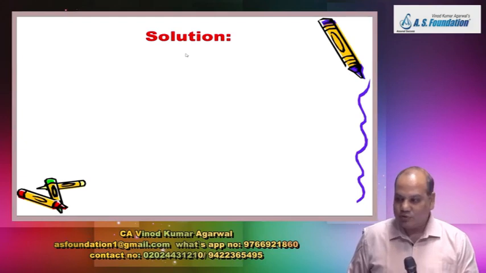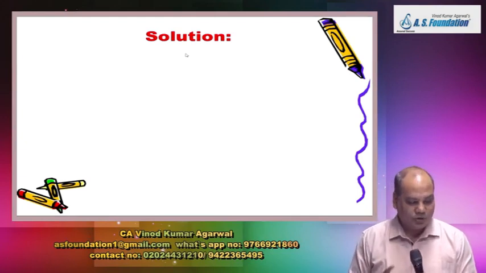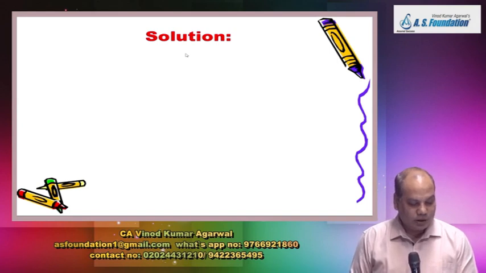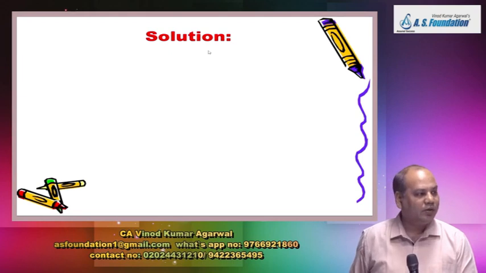So would you like to try your luck? First tell me how much would be the impairment loss. That is easy. Find out the carrying amount after 3 years. 200 minus 20 divided by 20 years. So per year depreciation is how much? 9 lakh.